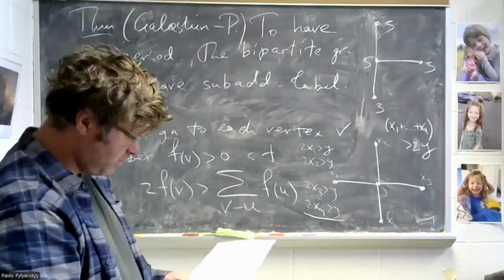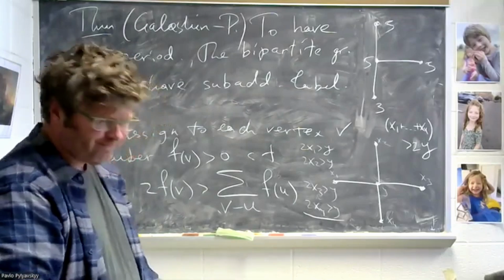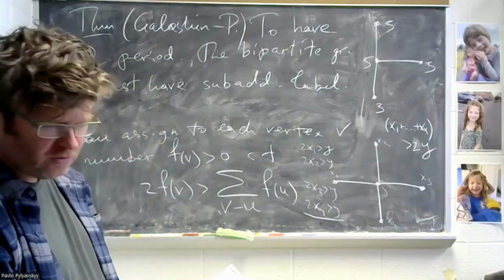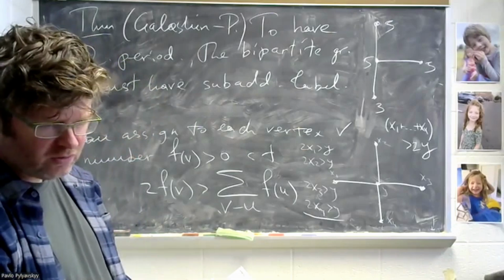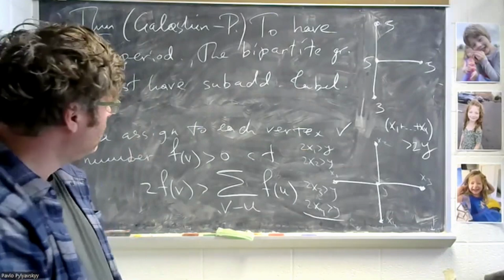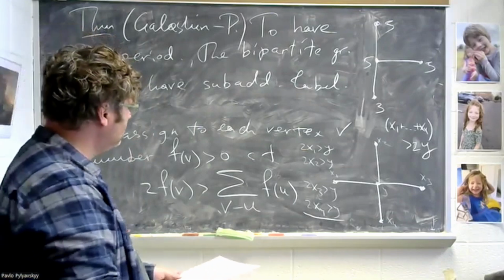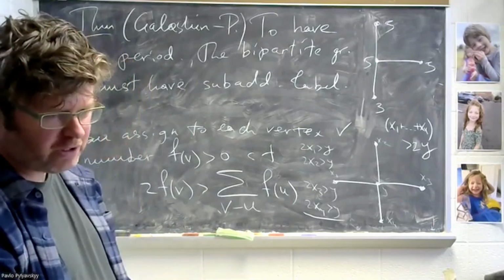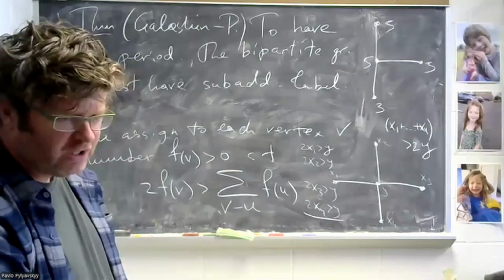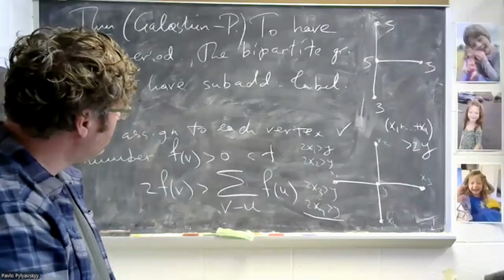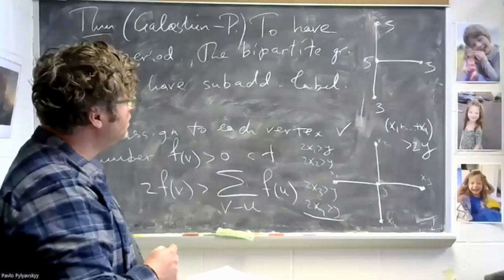Okay. So far, so good? So in this definition of subadditive labeling, you don't really use the bipartite structure, right? So you can, in principle, give this definition for any graph. That's right, true. Does this theorem state only a necessary condition, or is it also sufficient?